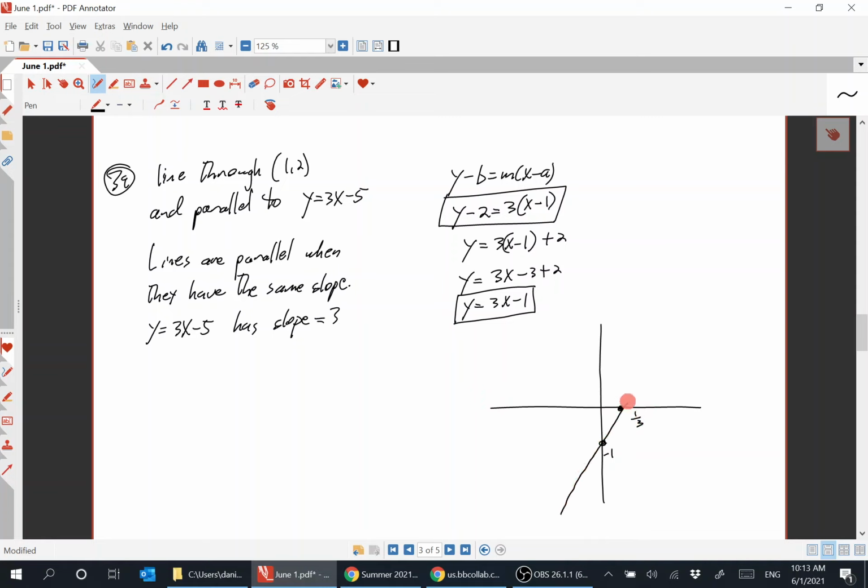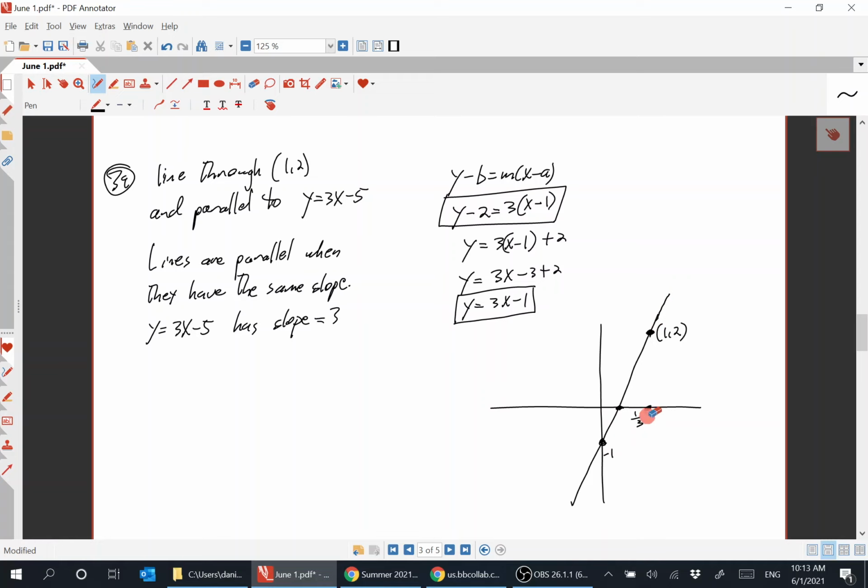And one of the points that the line passes through is, what was the point they gave you? (1, 2). So here's 1, so that's 1/3. And then that's 1, and then this is 2. All right, that's the point (1, 2).